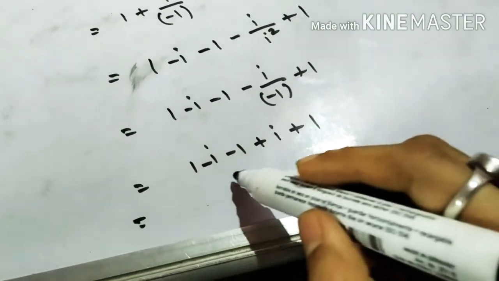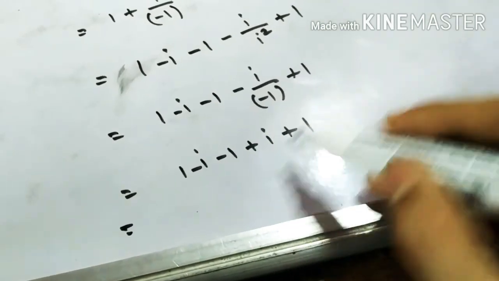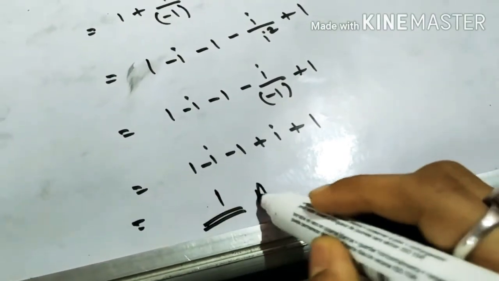So this and this I can cut, this and this I can cut, equals 1. That will be the answer.